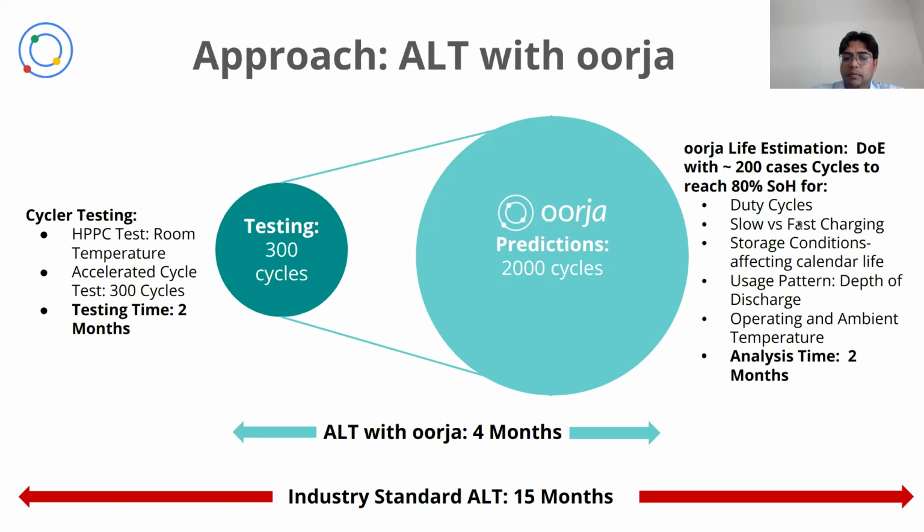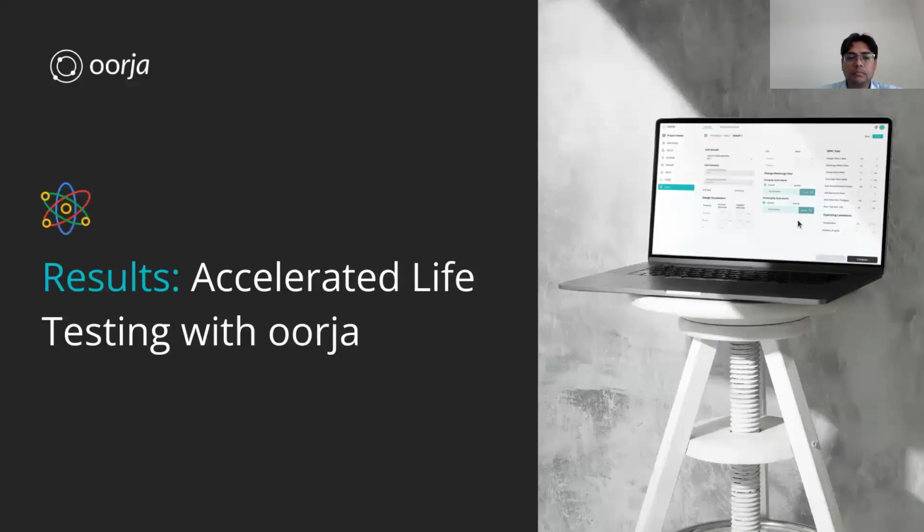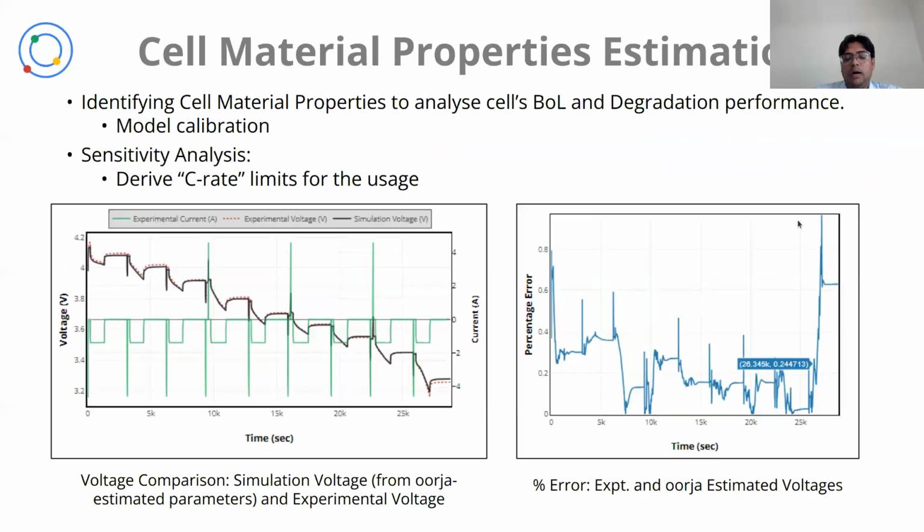So all of these what-if scenarios can be performed with simulations, and these simulations are way faster, so you should be able to simulate many cases within, like I mentioned earlier, 2 to 3 months.